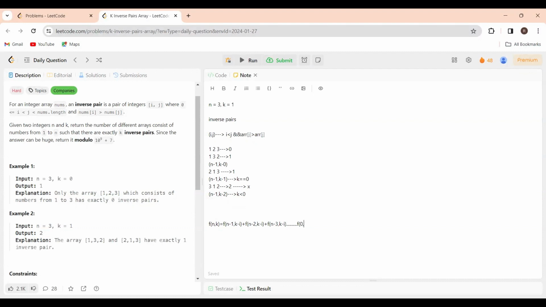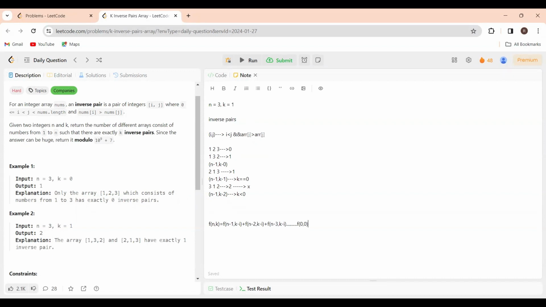When we keep on going, initially it can go up to lesser than 0 or equal to 0, right? So let us consider it as 0 comma 0 only. This is the function we need to calculate here, and this is how we'll be calculating this.